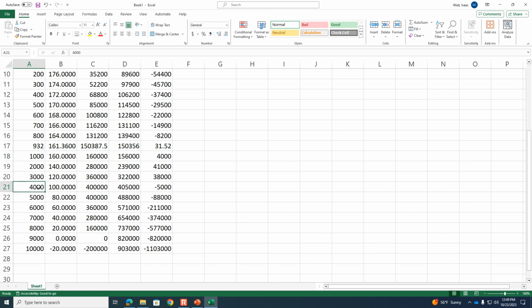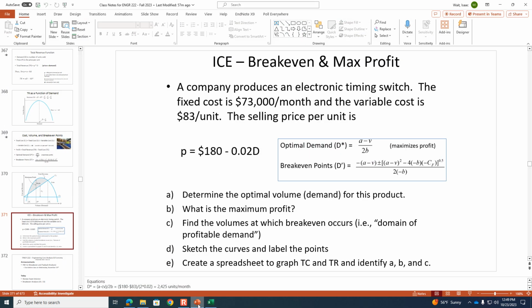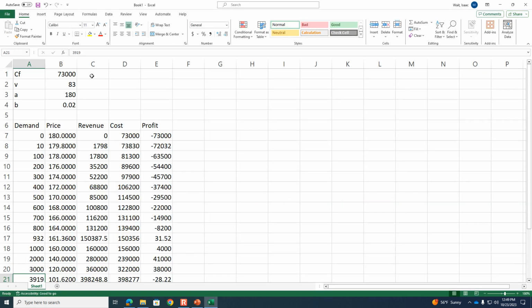So let's try that. 3918 is positive, but 3919 is negative. So we could make a graph that puts on the same figure all of these things: the revenue curve, the cost curve, and the profit curve. We don't have time for that now.